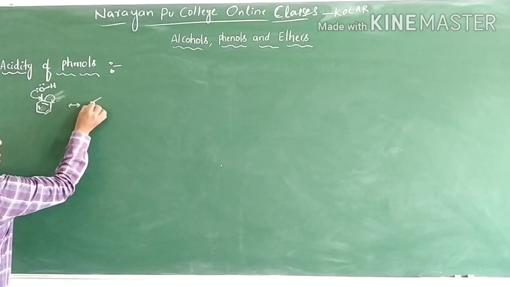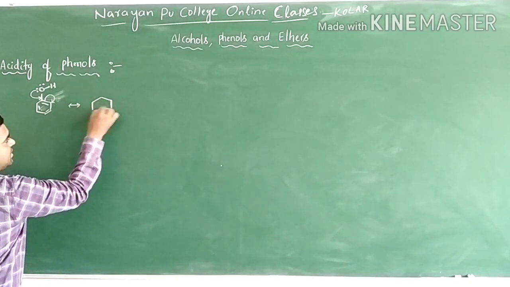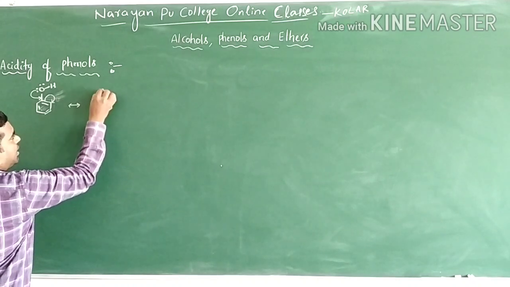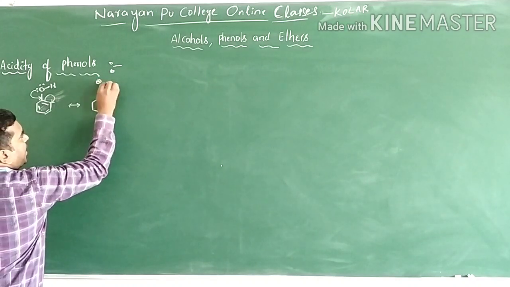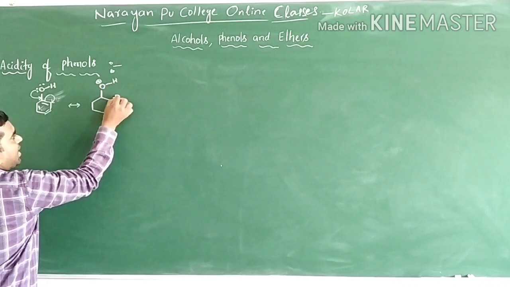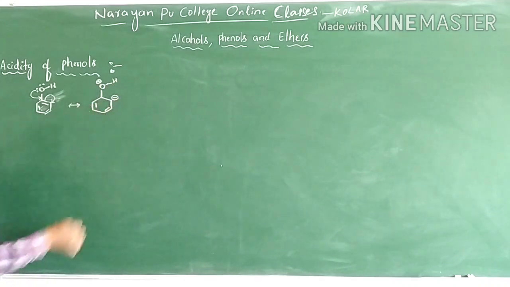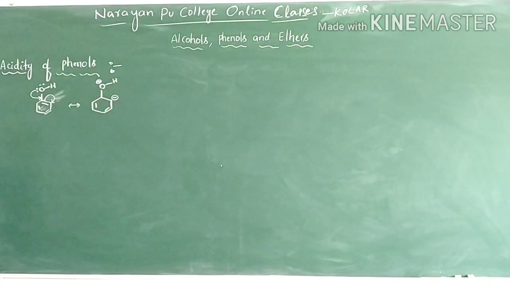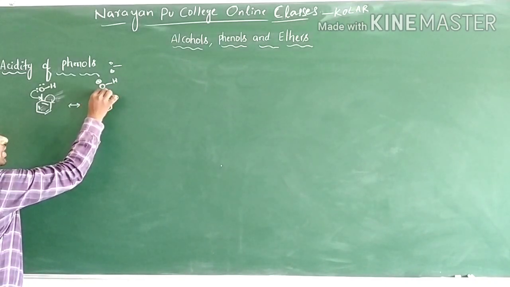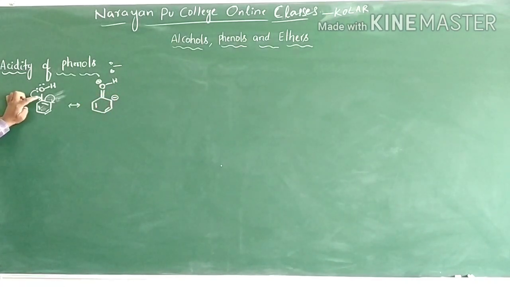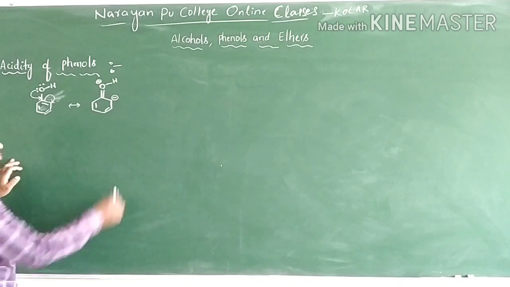This is the structure. Here there is oxygen plus and H, and a negative charge on the ring, with a double bond. This bond becomes a double bond, because the lone pair comes here and the single bond is converted to a double bond.